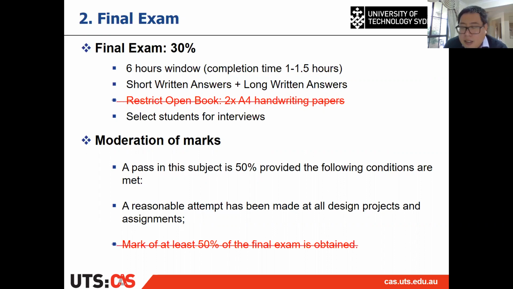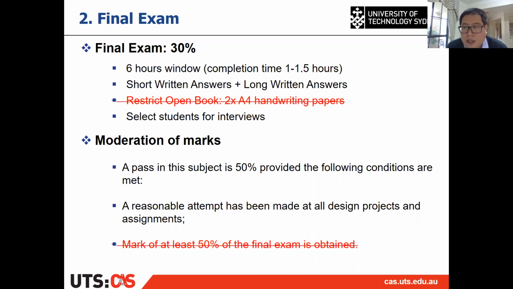So the final exam is 30%, and there is a restricted rule that the window for doing the exam is 6 hours. So it's an online final exam made as a take-home exam, which means it will be similar to what we had for quiz 2.